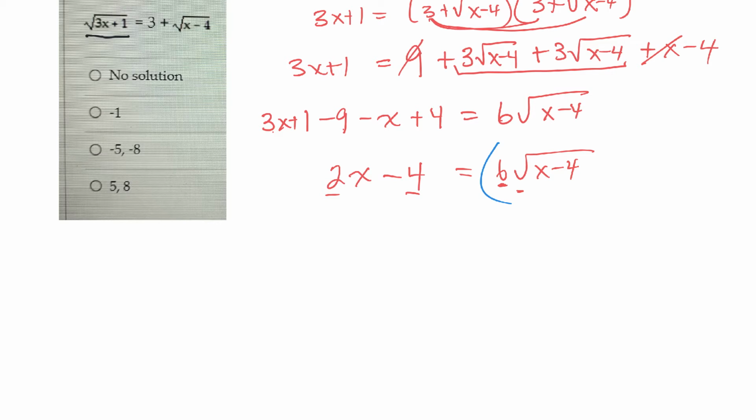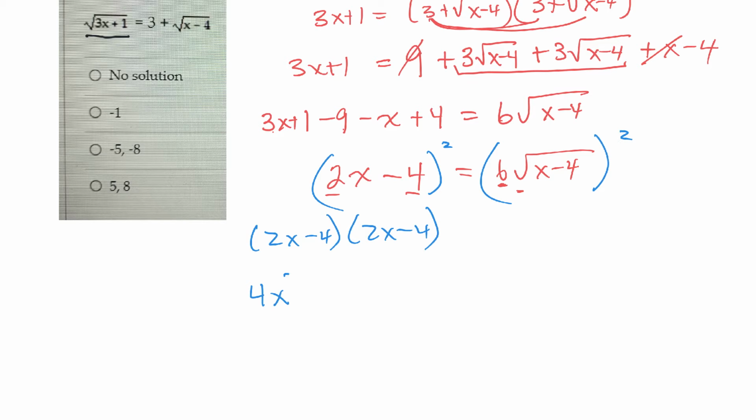So I'm going to take this side and square it, this side and square it. On the left, let's write 2 of them. So it'll be 4x squared minus 8x minus another 8x plus 16 equals, on this side I have to square the 6, so that'll be 36. And when I square the root x minus 4, the root cancels.